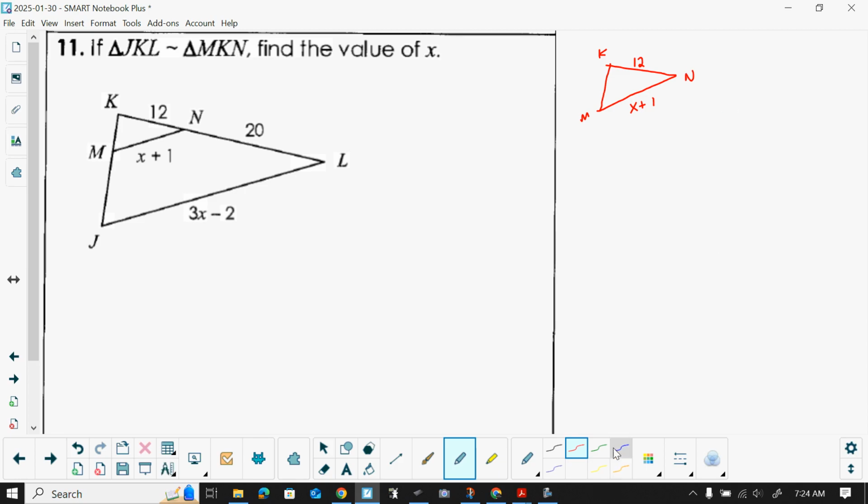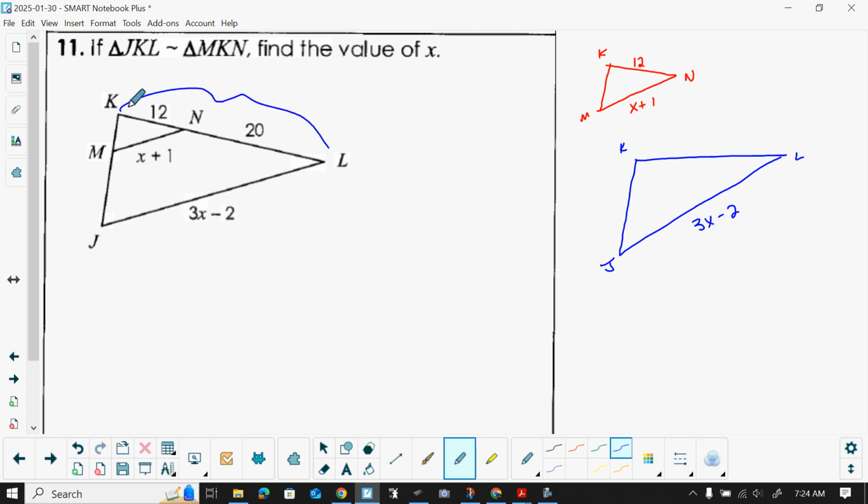And then I'm going to draw the bigger triangle, KJL. JL is 3x minus 2. And this is why drawing this separate might be helpful, because KL, this whole side, isn't 20. The whole side would be what? 32?